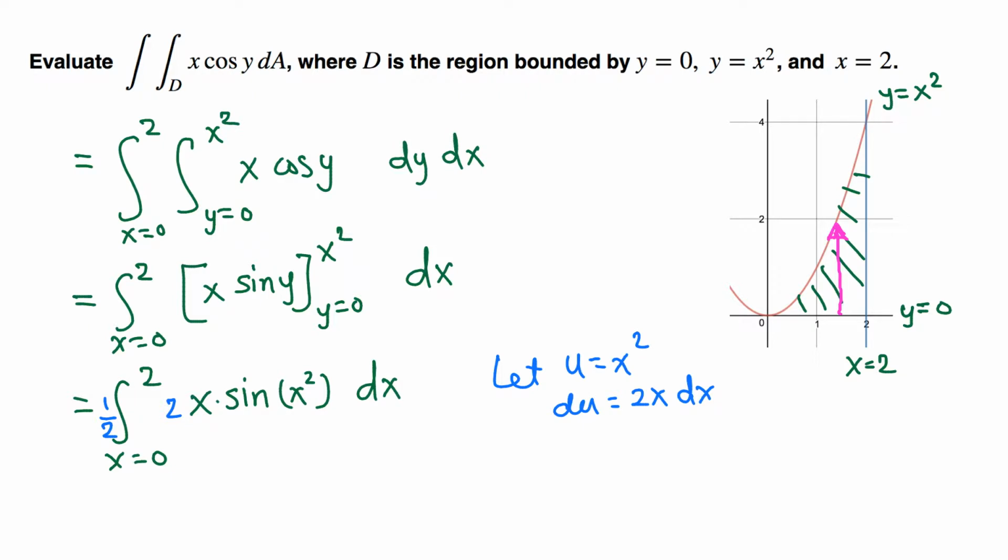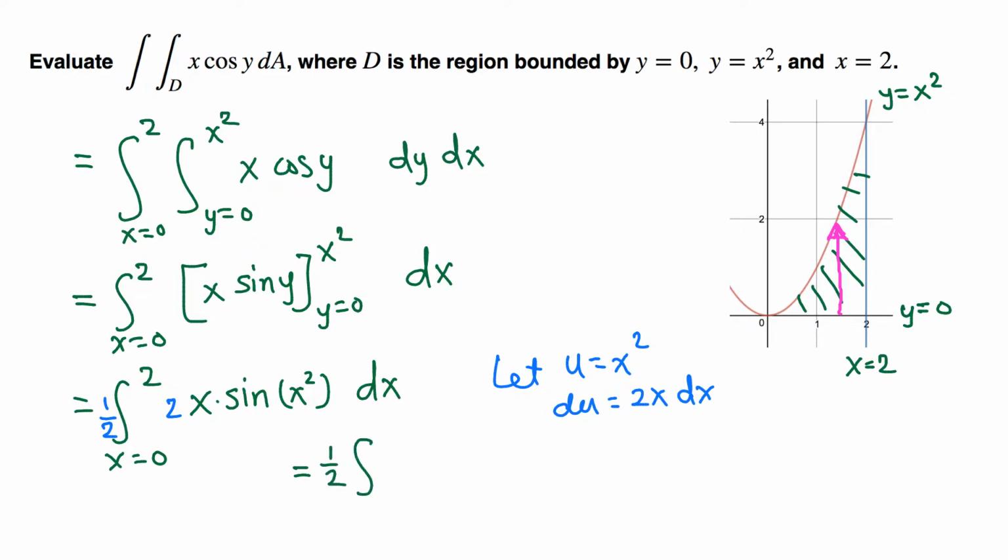And at the same time, look, these limits 0 and 2 are for x, but we are converting this integral as a function of u, so the new limits should be in terms of u. So this is same as, let me write in this way, half outside.